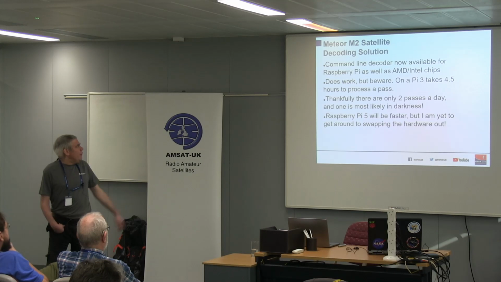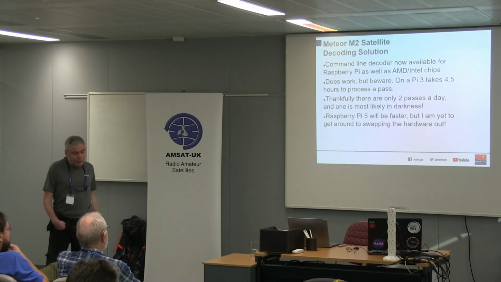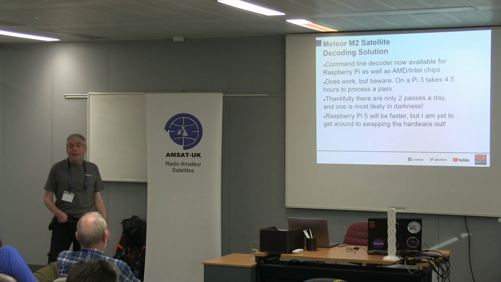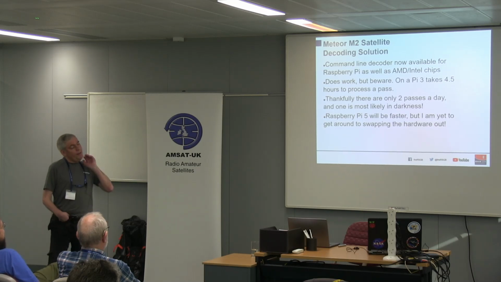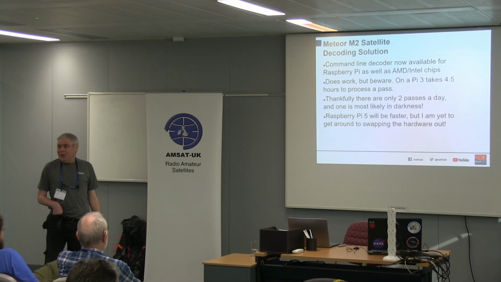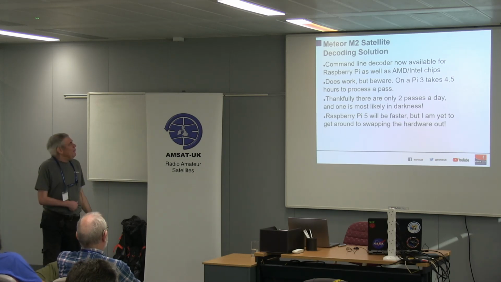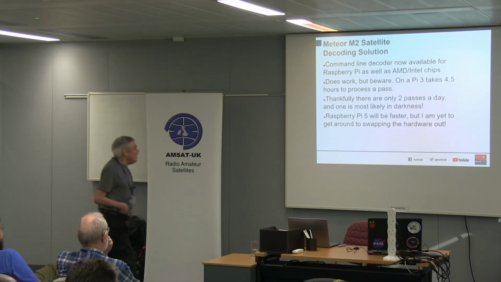The Pi 5 will be faster, but I've got to get around to swapping that hardware out. It is on the list, but it's on the get-around-to-it list. It got put on there when Pi 5s were in short supply, on account of that was the limiting factor. Now, the limiting factor is everything else that's going on.